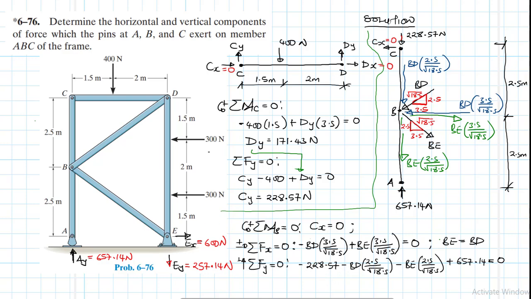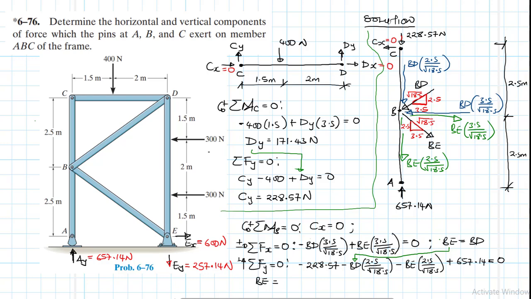Since we know BE equals BD, we just replace BE with BD, and then we can calculate BD directly. So let's do so.